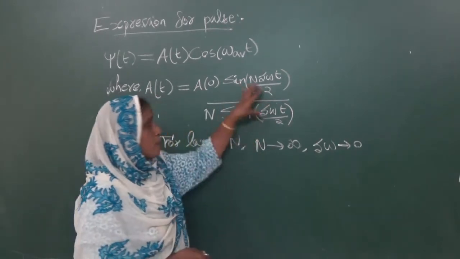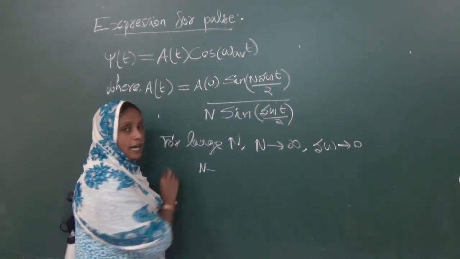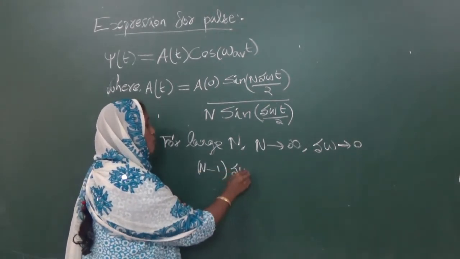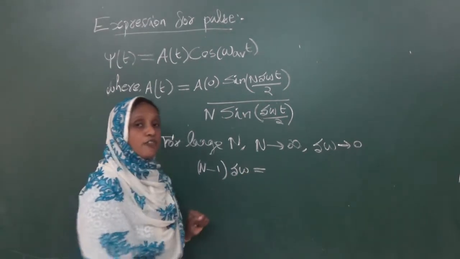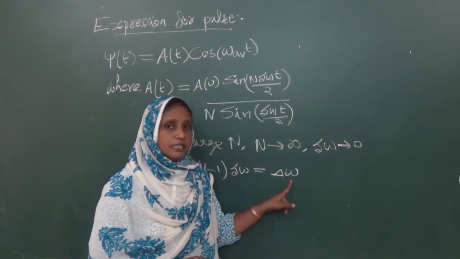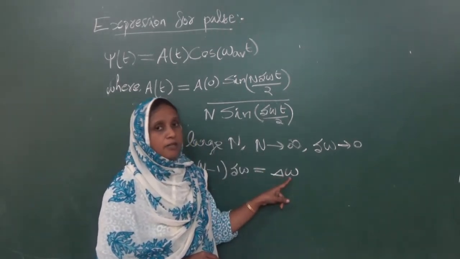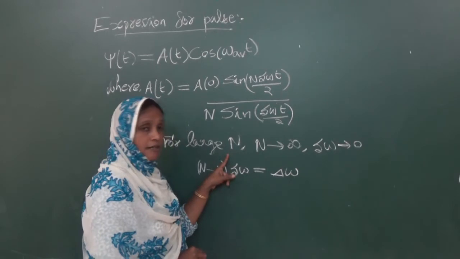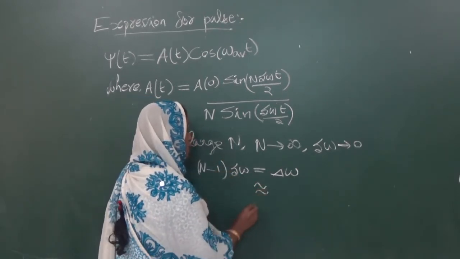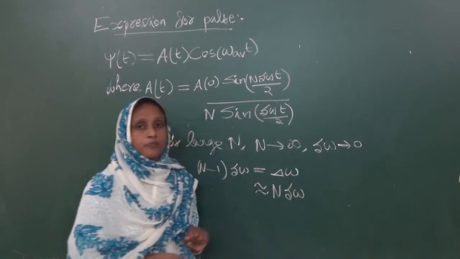So we can modify this expression such that we know that (N minus 1) into delta omega equals the frequency band. That is, this is equal to omega 2 minus omega 1. For large N, this expression is approximately equal to N delta omega.